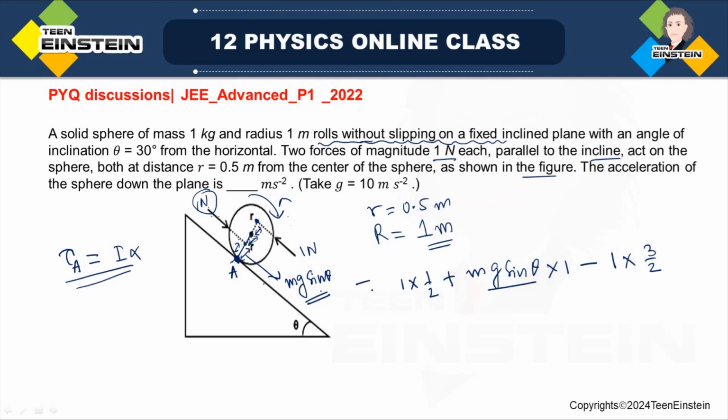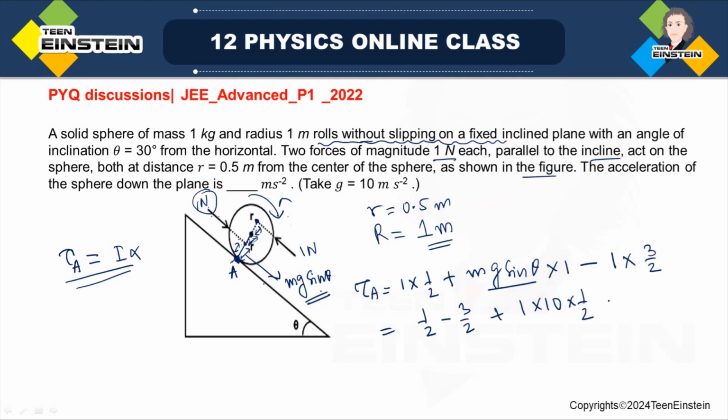So this is actually my torque, the total torque here. Alright, let me just calculate it. So this will be half minus 3 by 2, and this will be, see, m is actually 1 kg, g is 10, and sine theta means sine 30, that will be half, okay.